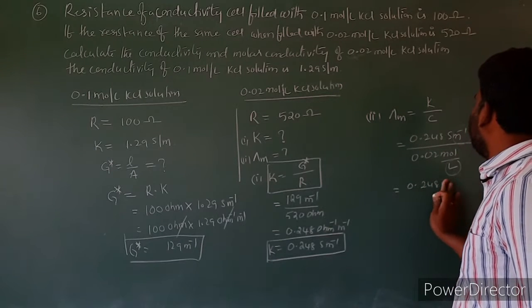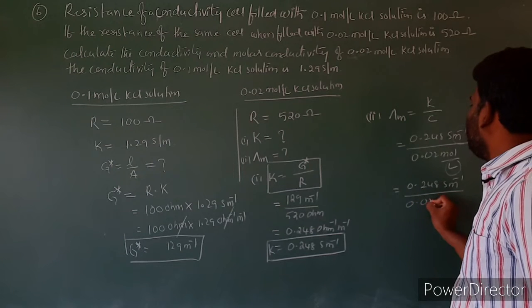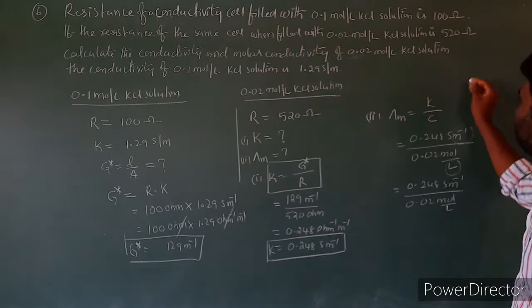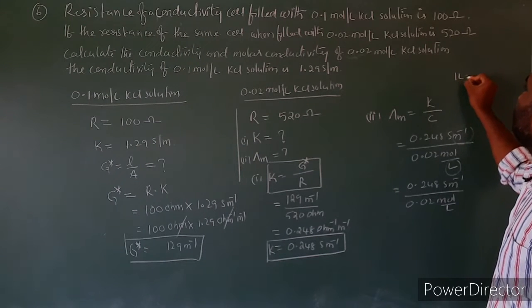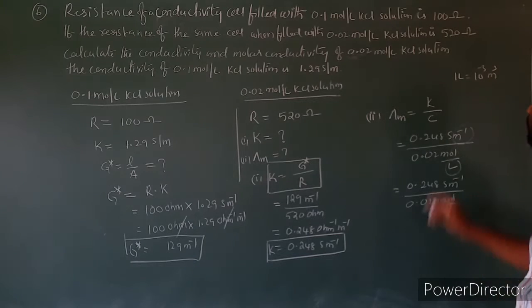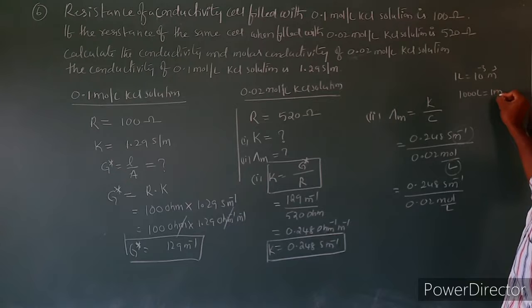We can take 1 liter is equal to 10 power minus 3 meter cube. That means 1000 liters is equal to 1 meter cube.